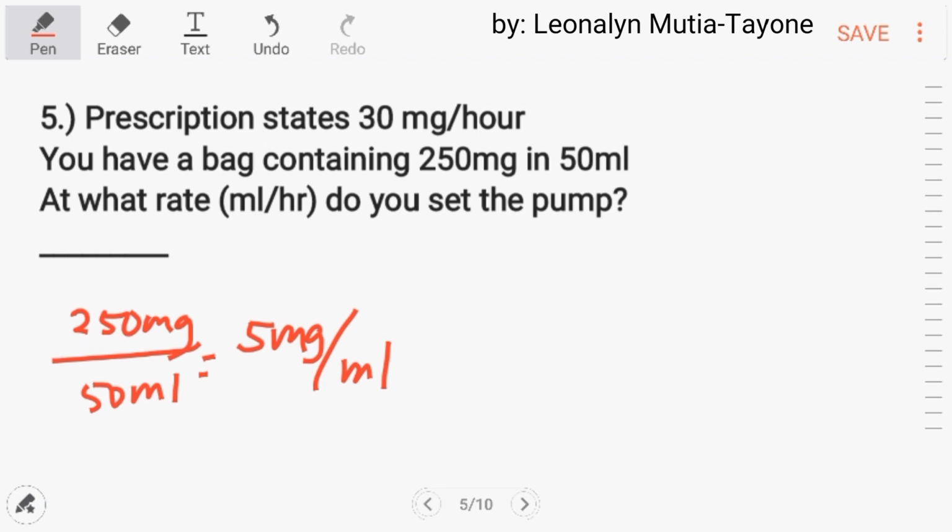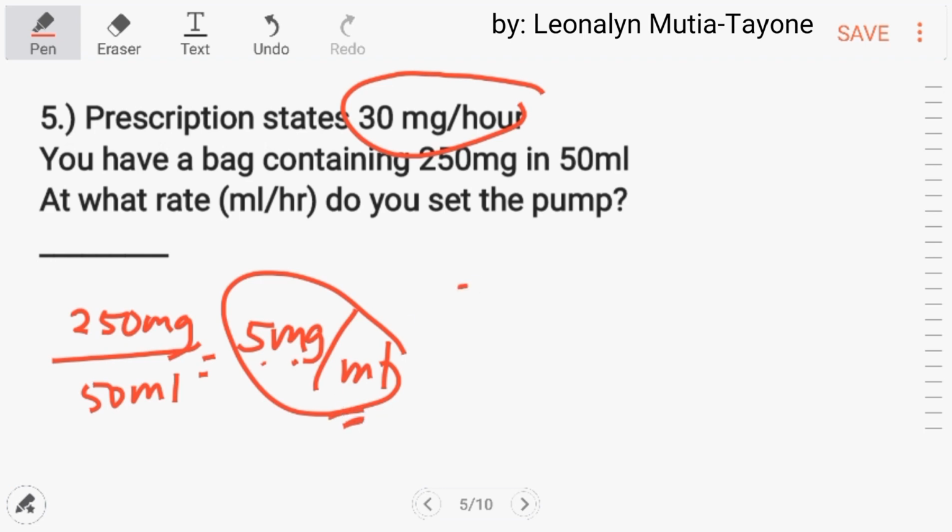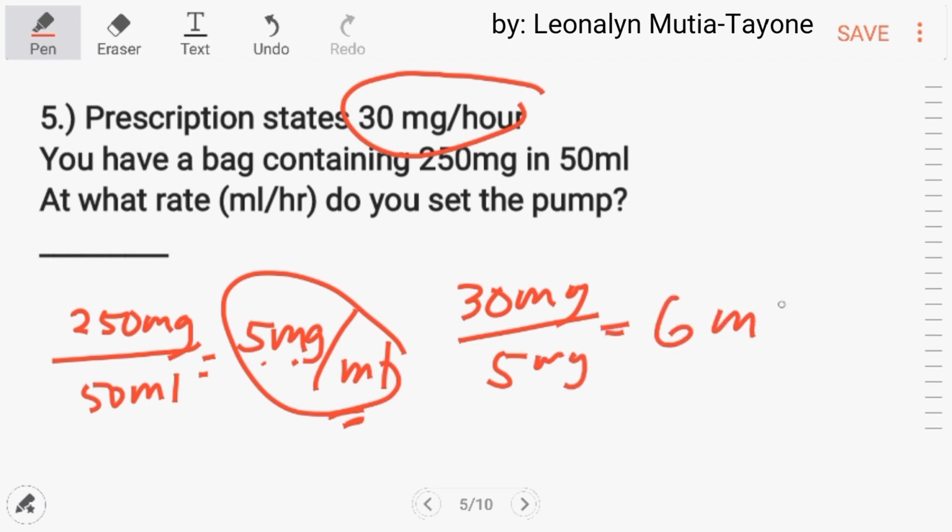So 5 milligram per ml. If we have to administer 30 milligram per hour, that means if we have 5 milligram in every ml, 30 milligram divided by 5 milligram, and that is 6 ml. That means we will only set the pump at 6 ml per hour.